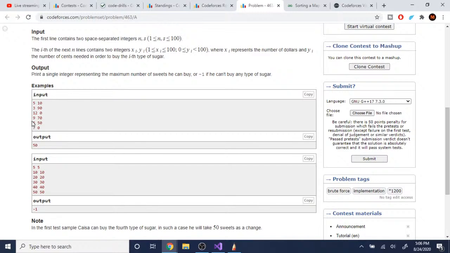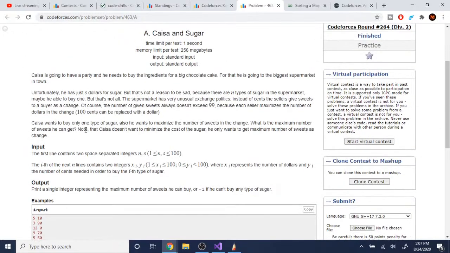It might be better if we convert everything to a double. Because then we could use the remainder of the cents as the sweets we could buy. You know what I mean?